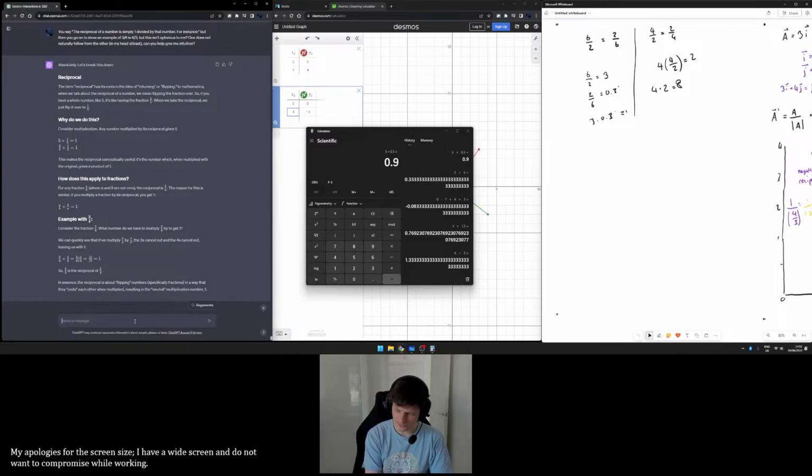If I wanted to get the 2 on the right side on its own from the following equation, 4 over 2 equals 2 over 4, do I just multiply the left side by 4? I don't think you do.